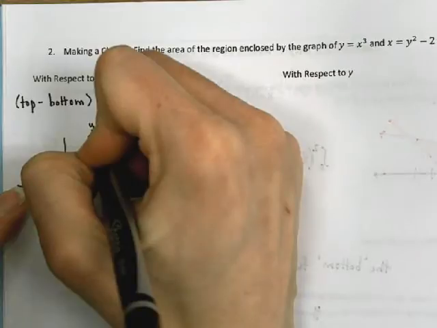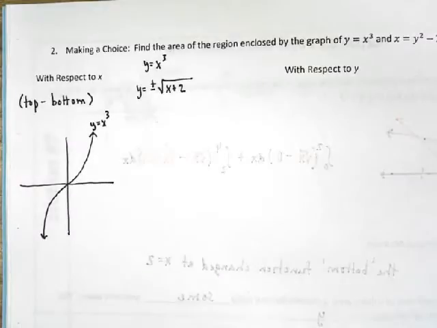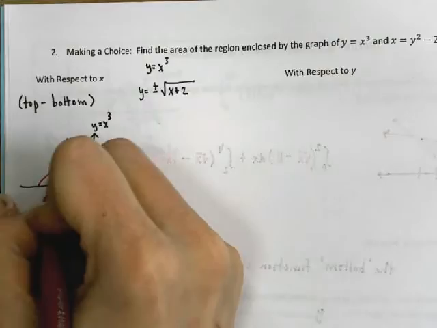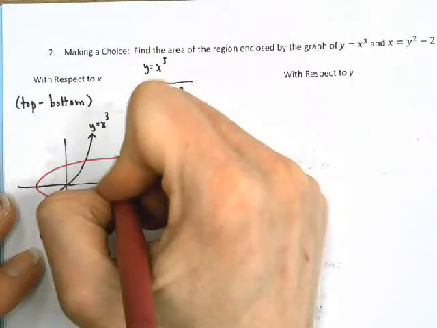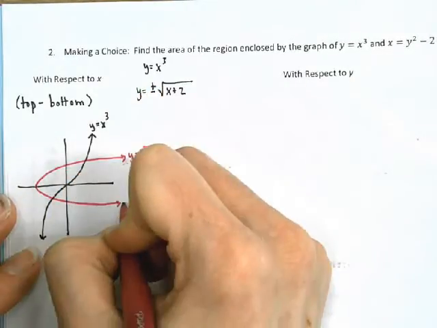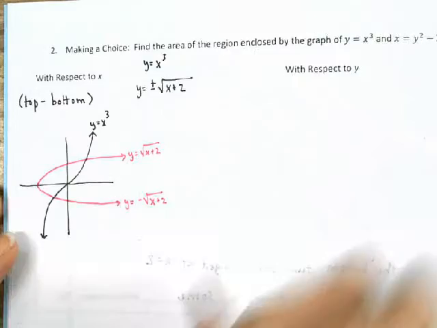I'll leave that y equals x cubed. I'll do this in another color so we can see. Positive or minus square root of x plus 2. Well, that's going to be our square root of x function, but shifted to the left. So it's going to look like this. So actually, this top piece is square root of x plus 2. Bottom is going to be opposite square root of x plus 2.